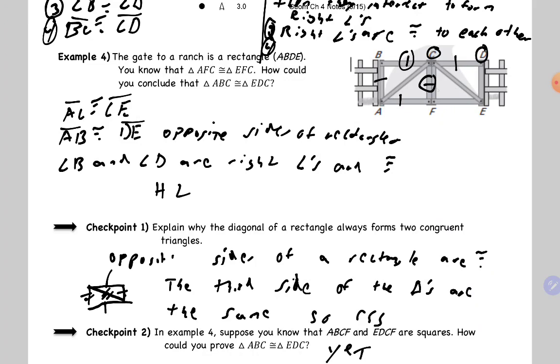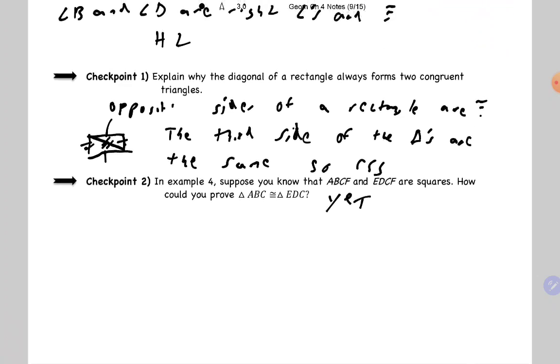And then I would say DC is the same as CF because all the sides in this square are the same. And since those two are congruent to the middle one, they're congruent to each other. And then you would use that same reasoning on AB and DE. So you would have two sides of a triangle are congruent, and then you would use SAS because these two angles are right, and that would show that they're congruent.